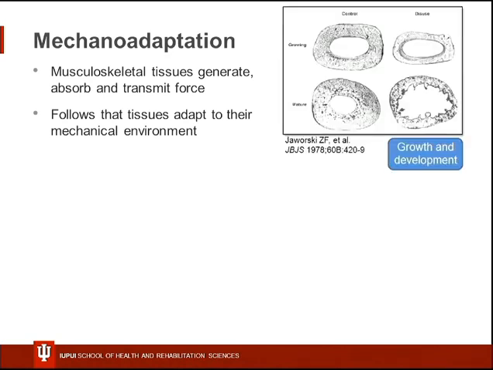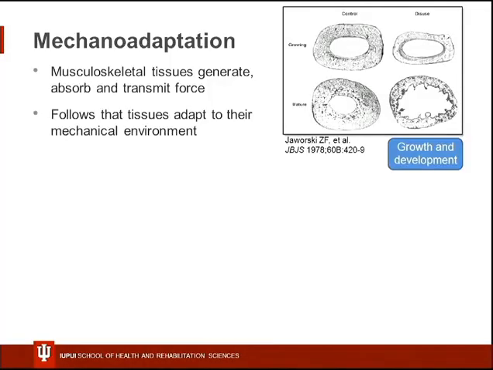If you think about the tissue level properties that take place within the body, and you look at growth and development, you can see this is a classical study in dogs. I'll disclose that most of my work is looking at bone and skeleton, so I use a lot of bone and skeletal examples.